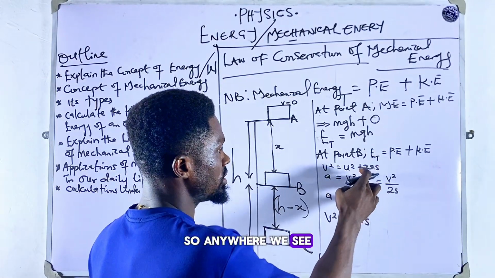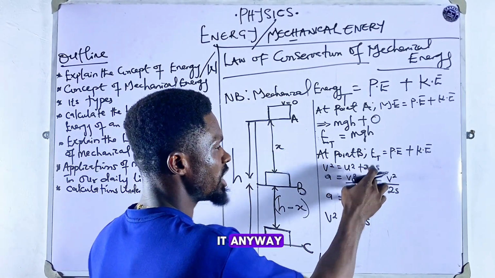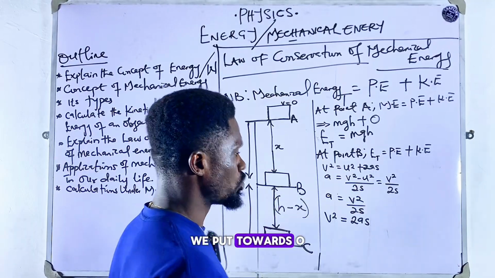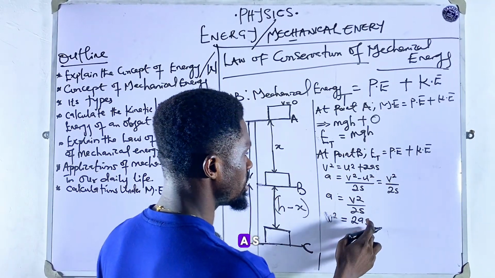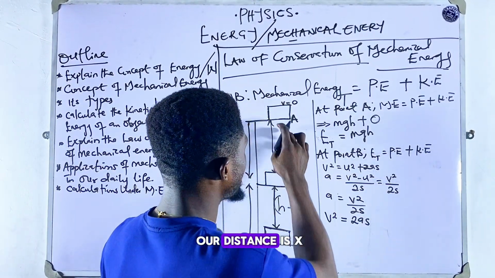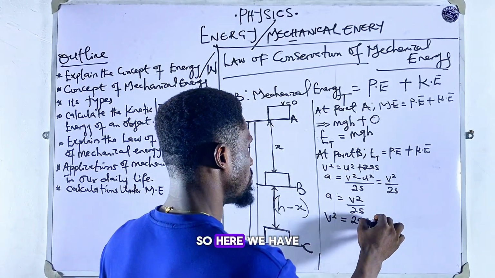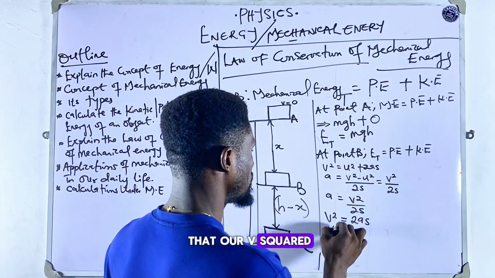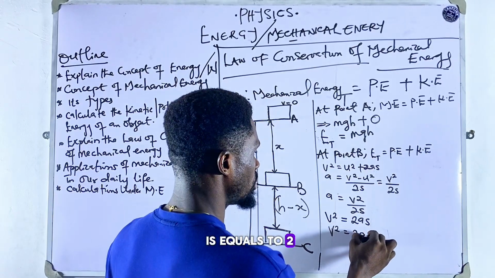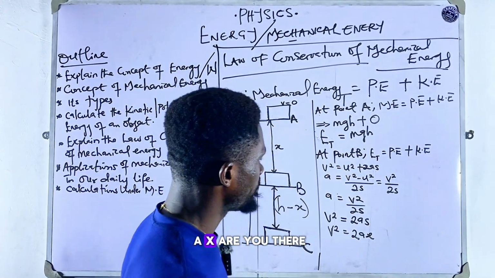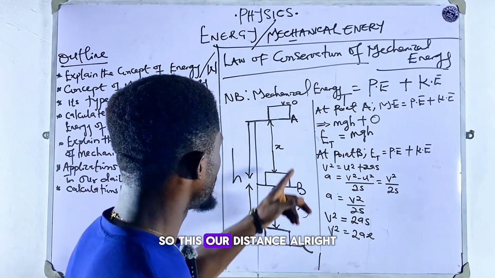Anywhere we see u, we put 0. So we have that v squared is 2as. Now don't forget that our distance is x. So here we have that v squared is equal to 2ax. Are you there? So this is our distance.